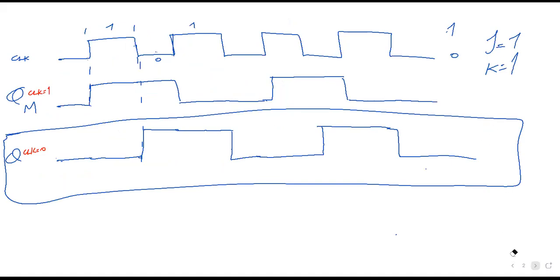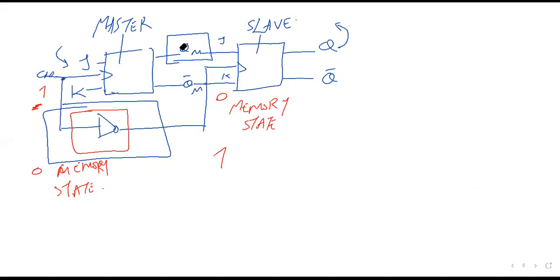The QM is this output here, the first output. We have an output here, this is QM. We have another output here, Q, which is the output of the whole system. So the master and slave is like this. This is the whole system right here.